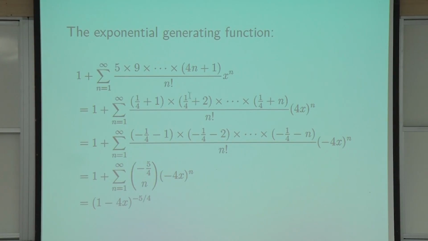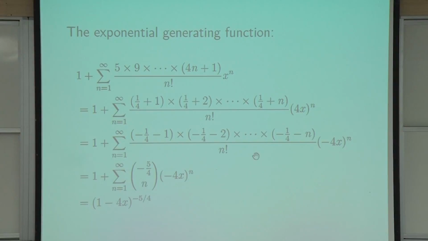For each term, I take 4 out, so we get 1 over 4 plus 1, 1 over 4 plus 2, all the way up to 1 over 4 plus n, divided by n factorial. Now I take minus 1 out, so we have n minus 1 putting in here. And here we get negative 1 over 4 minus 1 and minus 2 and all the way down to minus n.